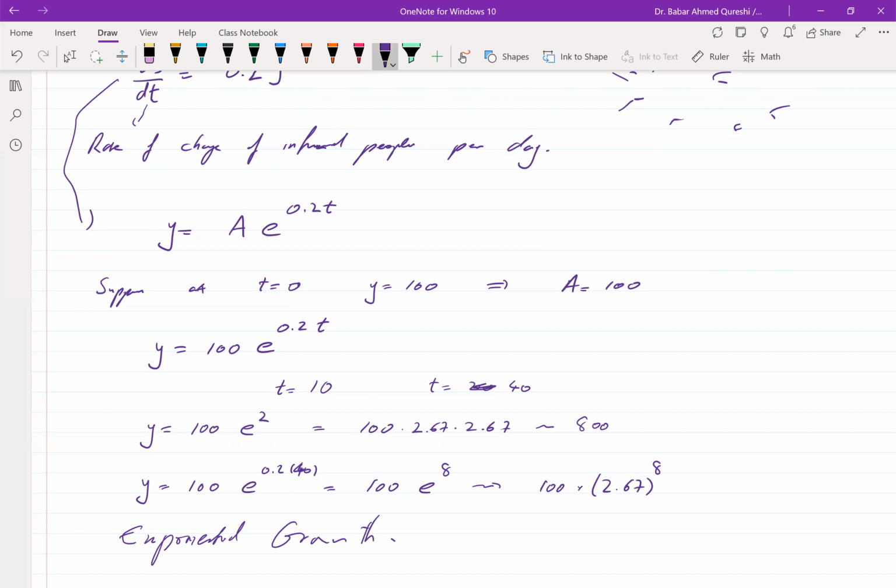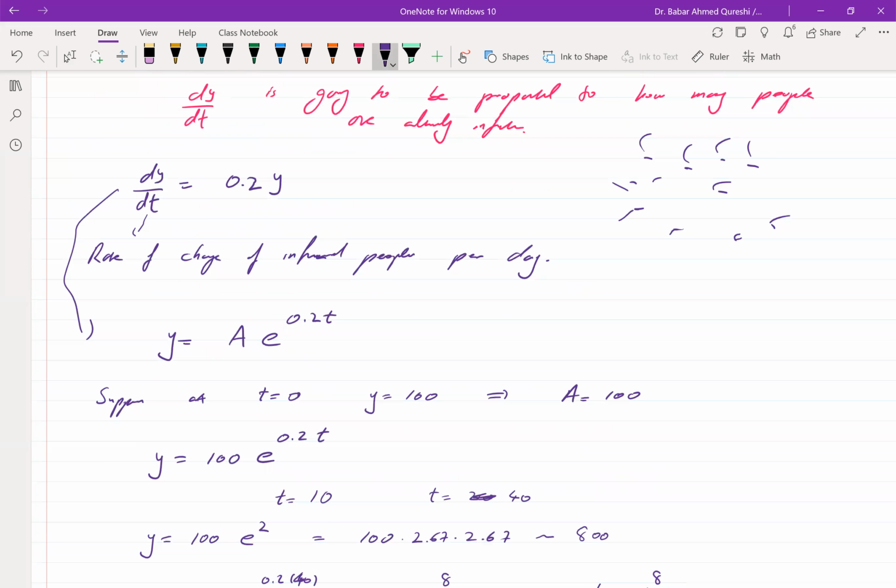Because the rate of change is proportional to the quantity itself, the resultant answer is an exponential growth.